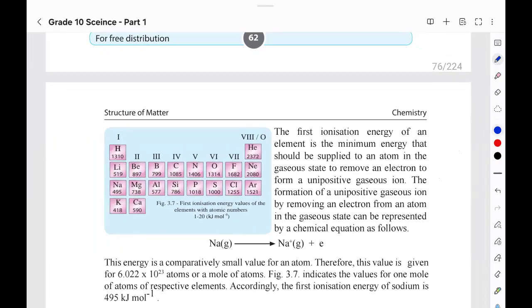Let's compare. According to the graph and the data values, which one has the largest ionization energy value, and which has the lowest? Potassium has the lowest. Then calcium, no, not calcium, potassium, then sodium, then lithium.